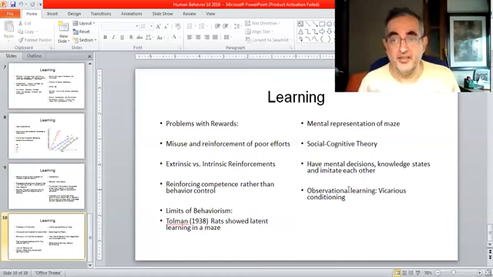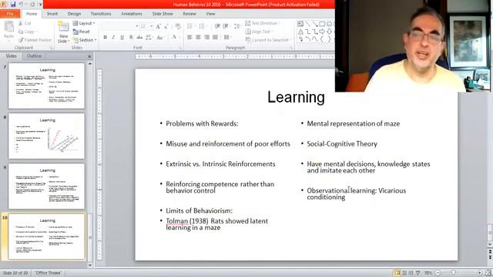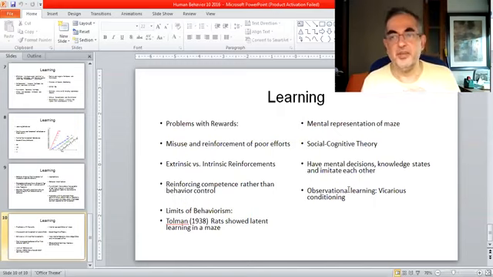And behavior in some cases would involve retrieving an expectation or retrieving a mental map, using that to make a decision and showing that behavior. In fact, both associative learning systems and cognitive systems run side by side. And they both influence behavior. Sometimes one captures behavior, sometimes the other, sometimes there's a combination of the two. And modern day psychologists learn to use both of them.